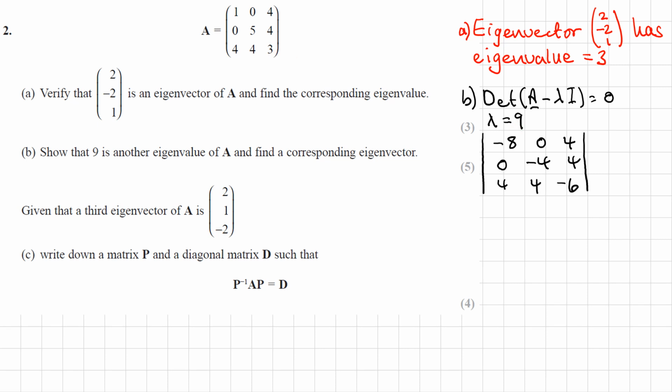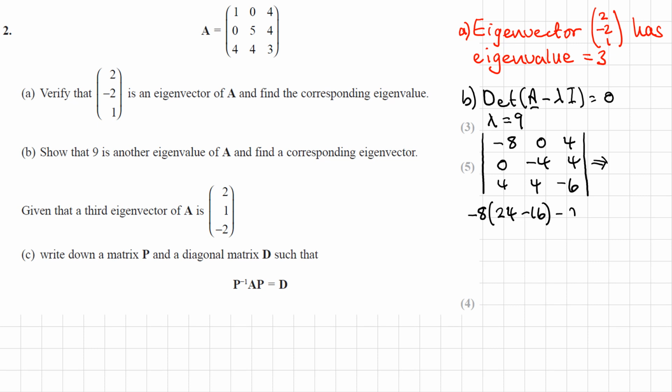So I want to find the determinant of this and see if it equals 0. Let's start with the negative 8. That's going to get multiplied by negative 4 times negative 6, which is 24, minus 4 times 4, which is 16. Then I'm going to have minus 0 times something.